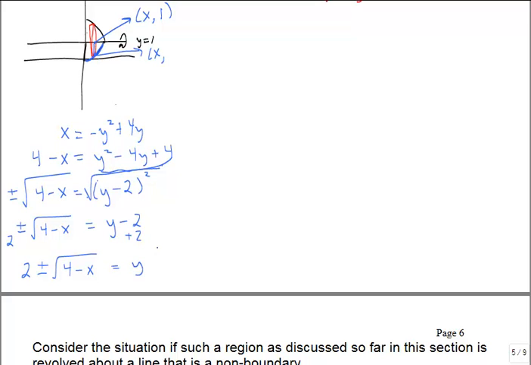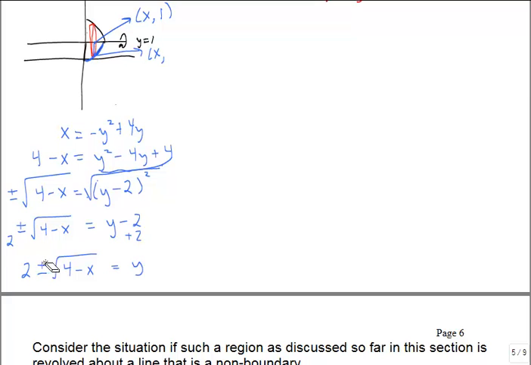Now what we have to be careful about here is which sign is the appropriate one to use. Remember, this parabola was a sideways one. The bottom half is the minus case, and you can verify that on your calculator. The top half of the parabola is the plus case. So since we're using the bottom half of our parabola, we actually want the minus sign.